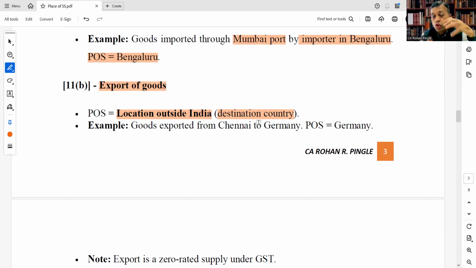So in export of goods, place of supply is a location outside India, the destination country, so no question of GST being leviable. Example, goods exported from Chennai to Germany. Place of supply is Germany, because place of supply is a location outside India. Always in export of goods, it is a location outside India only, the destination country.